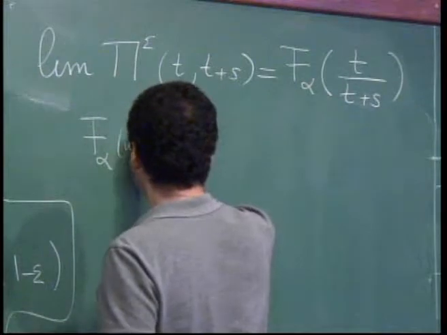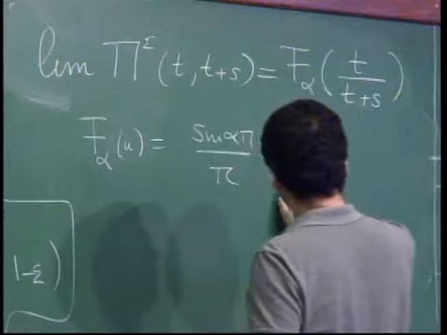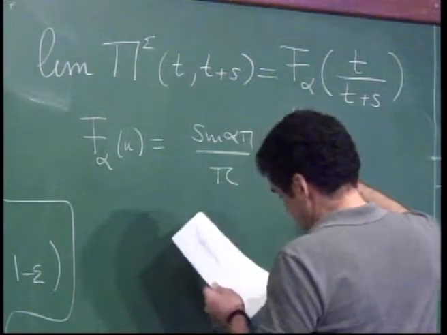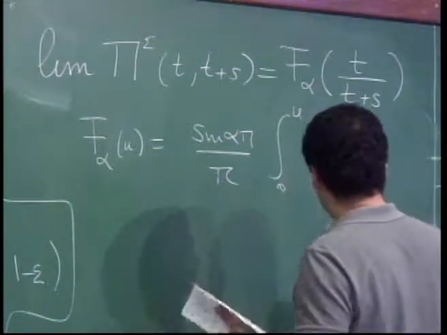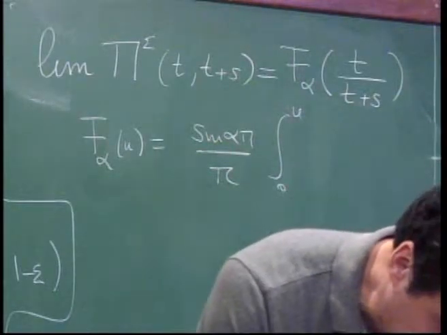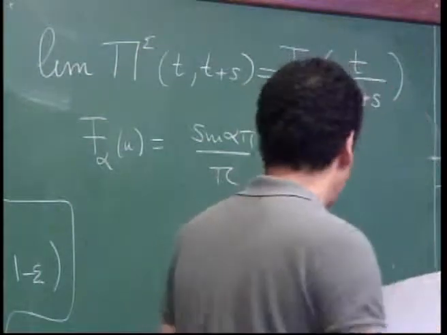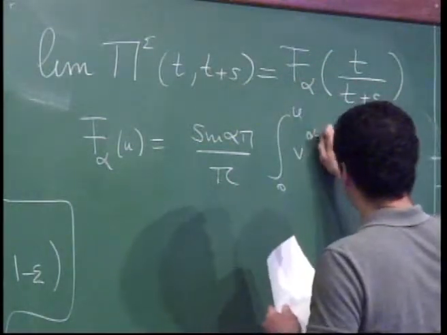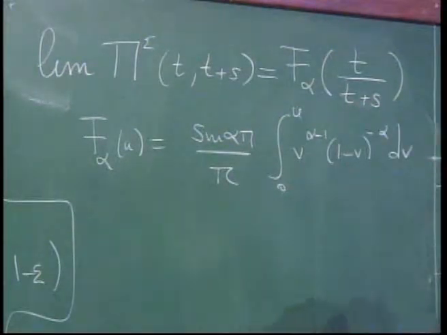F alpha of u is sine alpha pi divided by pi times the integral from 0 to u of v to the alpha minus 1, 1 minus v to the negative alpha dv. That's the same arc sine law. That's what Alex called arc sine. All right, so you see we get the same thing.